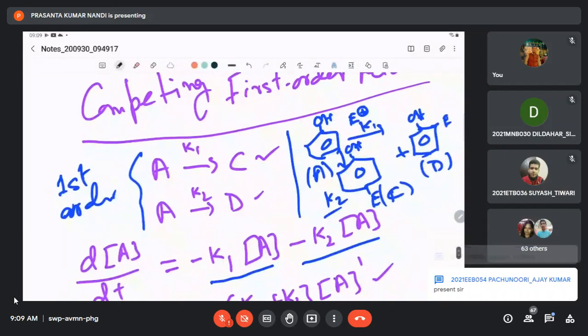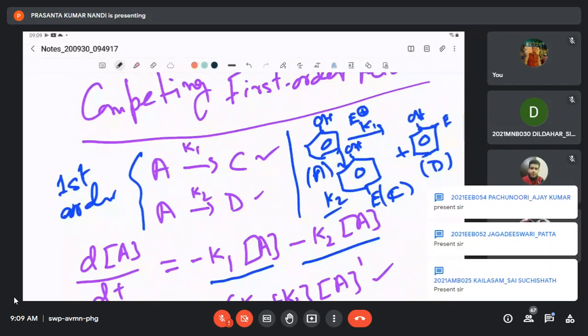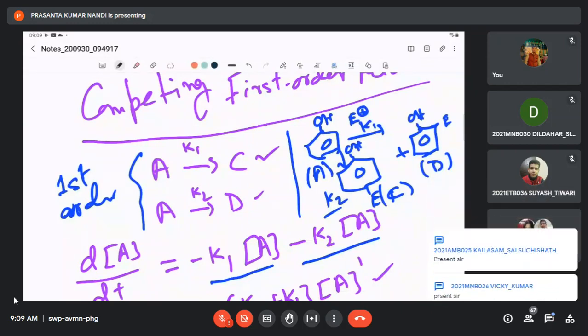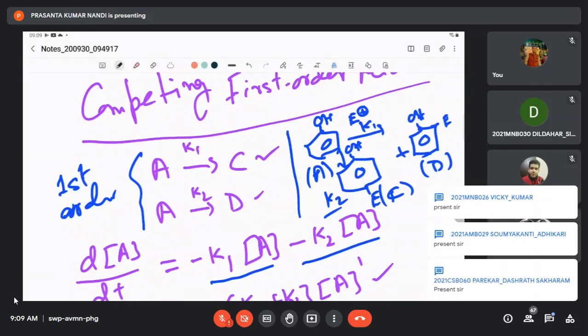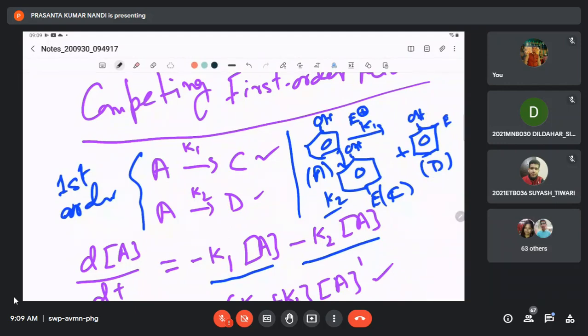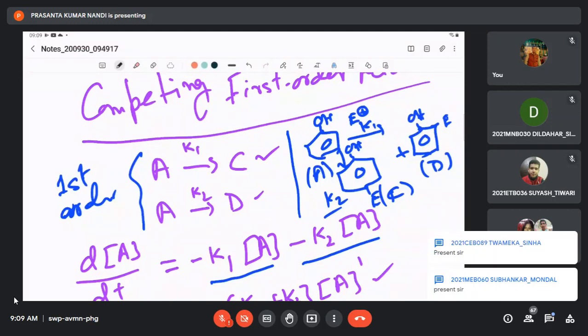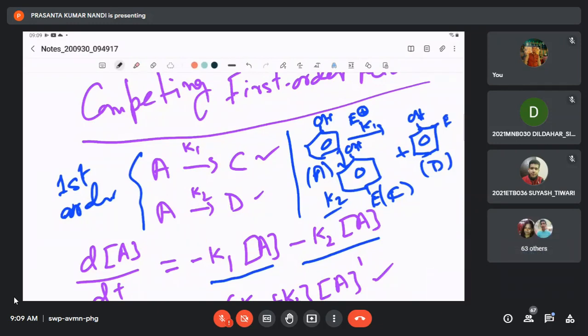So what is the kinetics of that? For this we have considered examples, given on the right hand side. Say this is the electrophilic substitution reaction in phenol, and say electrophile E plus, if we put, then it can go either ortho or para, because it is an ortho and para directing, activating group.